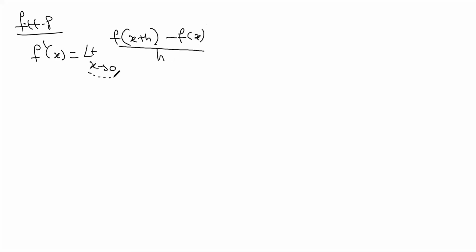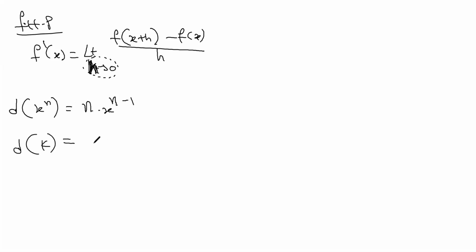Here is it x tending to 0 or h tending to 0? No, h tending to 0. Next, differentiation of x to the nth power is n into x raised to the power n minus 1, and differentiation of a constant is equal to 0.